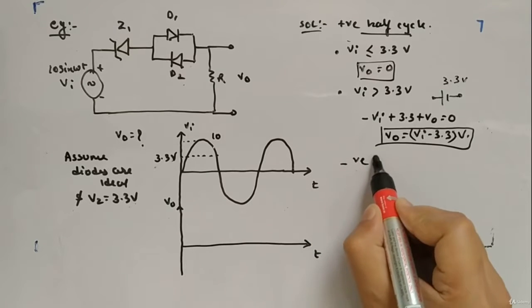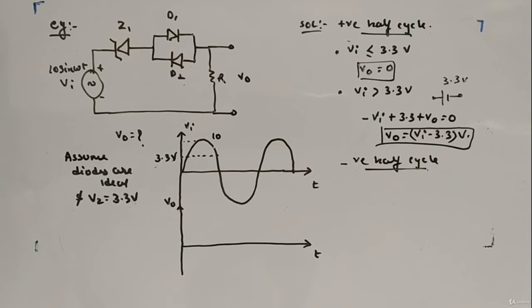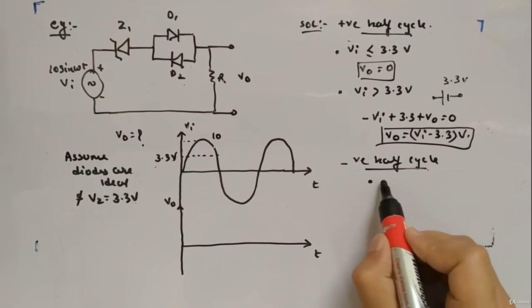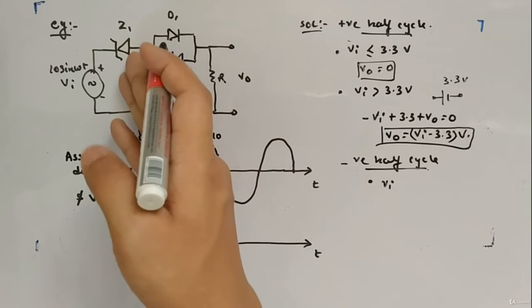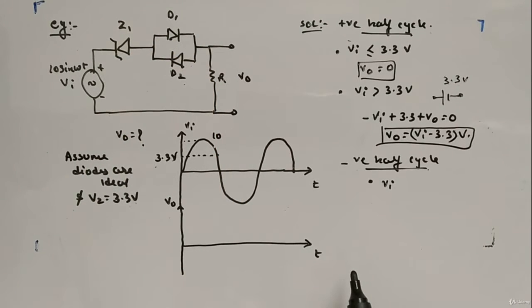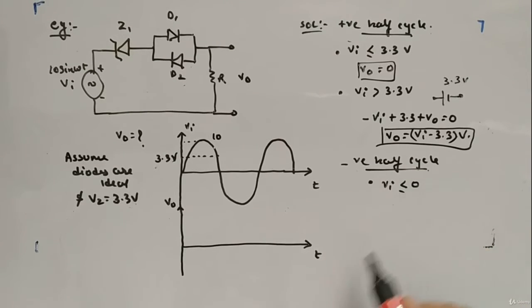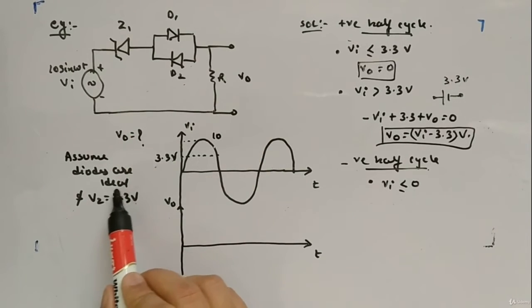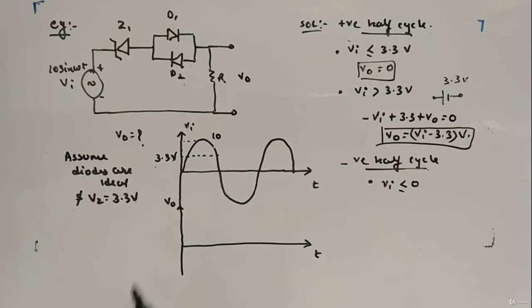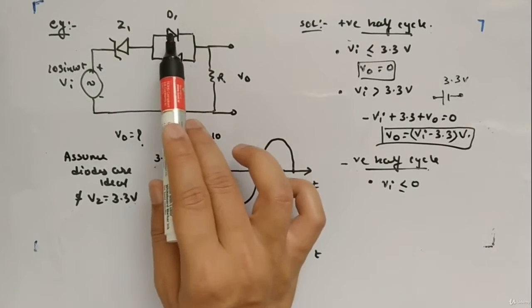For the negative half cycle, what will happen? If Vi is less than or equal to 0, this Zener diode will be forward bias, and forward bias means it is also ideal, so it will be short, and this guy will behave as a short circuit, and this will be behaving as an open circuit.